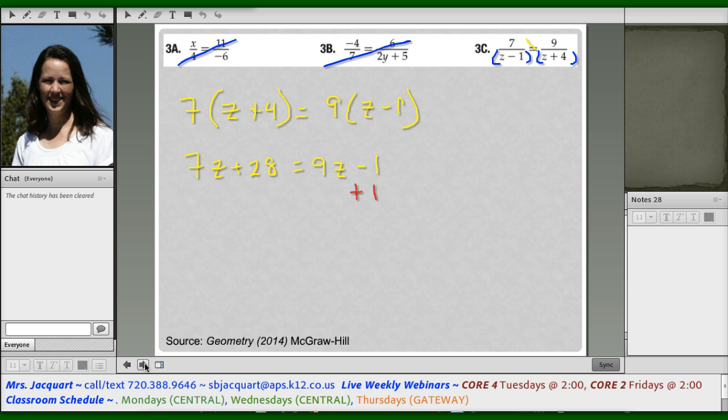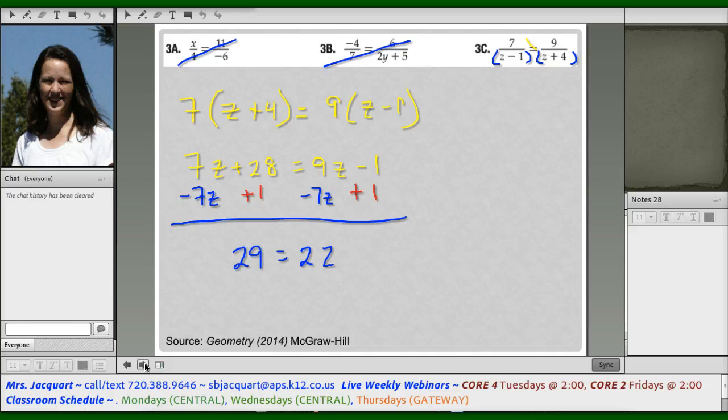Add 1 to both sides and simultaneously subtract 7z, leaving you with 29 equals 2z and z equals 14.5. Super cool.